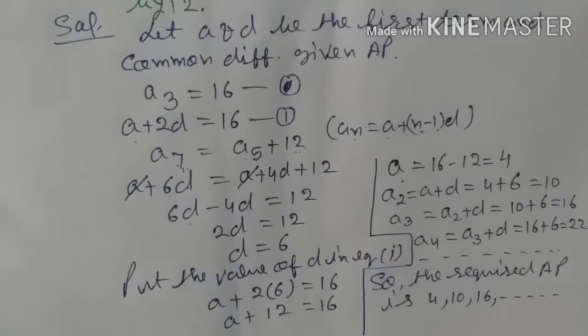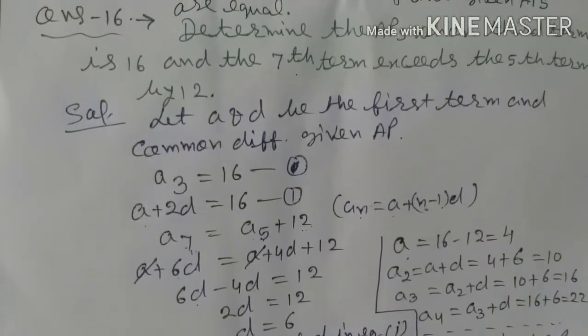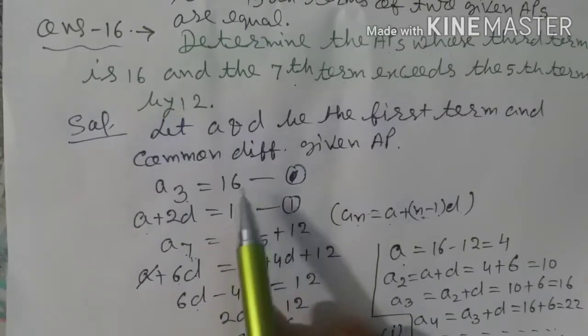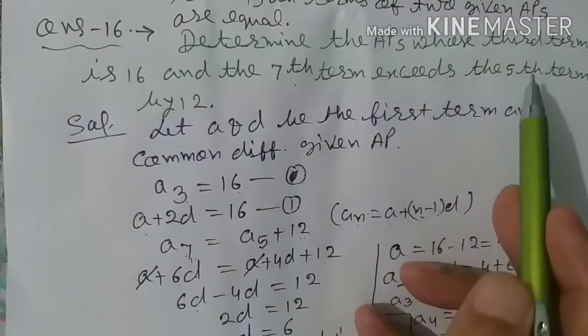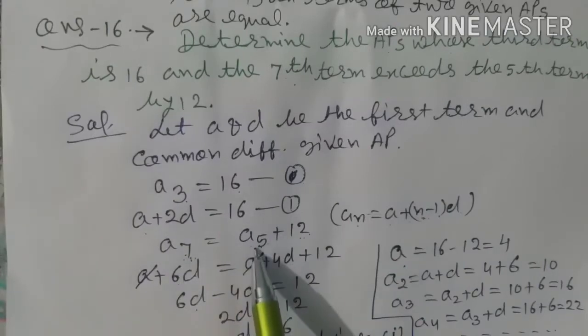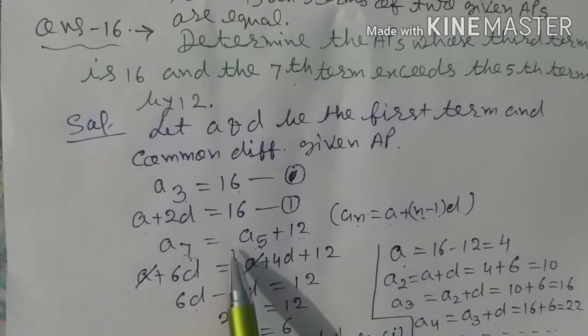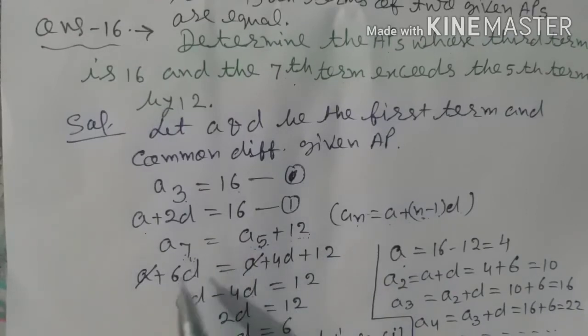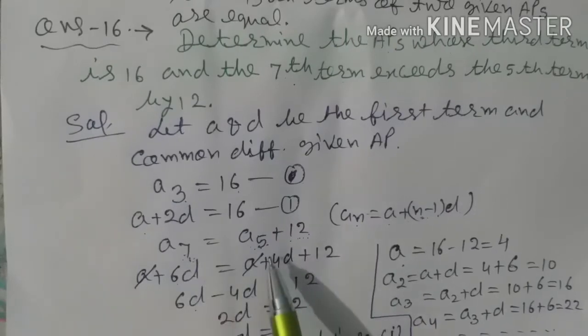First of all, whose third term is 16? Means A3 is equal to 16, and the seventh term exceeds the fifth term by 12, means the seventh term is 12 more than the fifth term. Seventh term is equal to A5 plus 12. Now seventh term means A plus 6D, A5 means A plus 4D, plus 12.